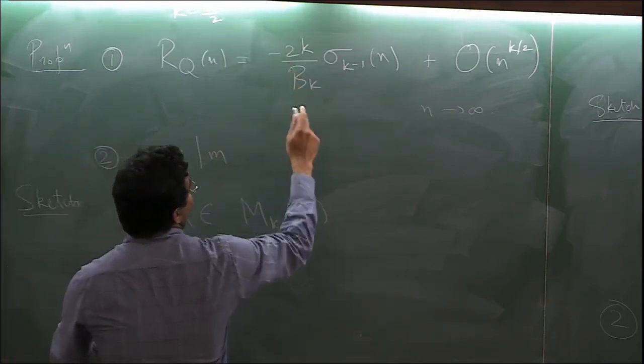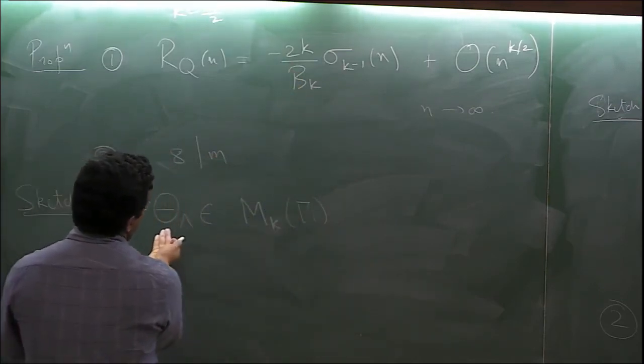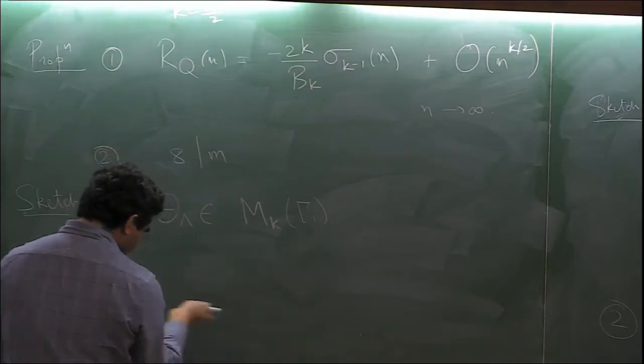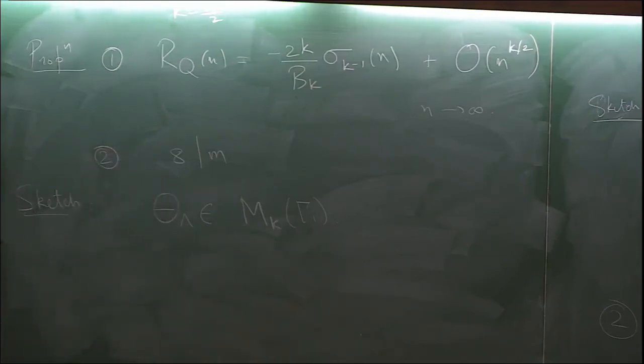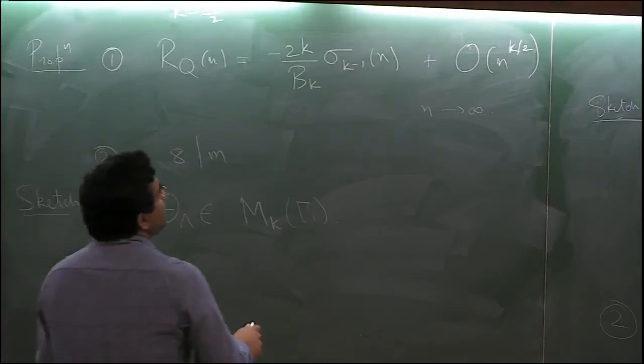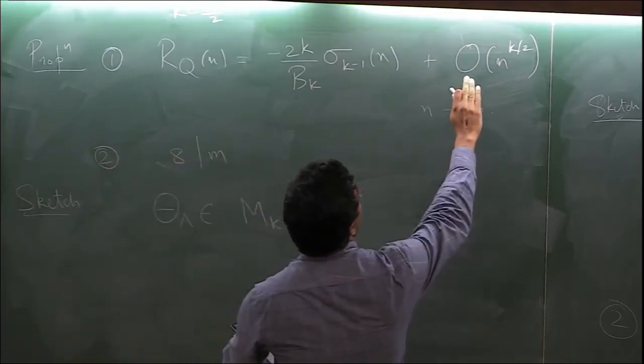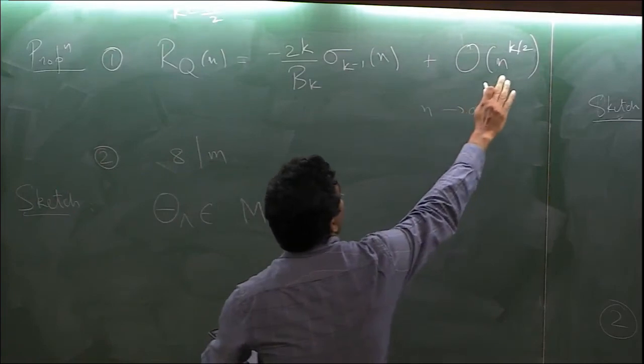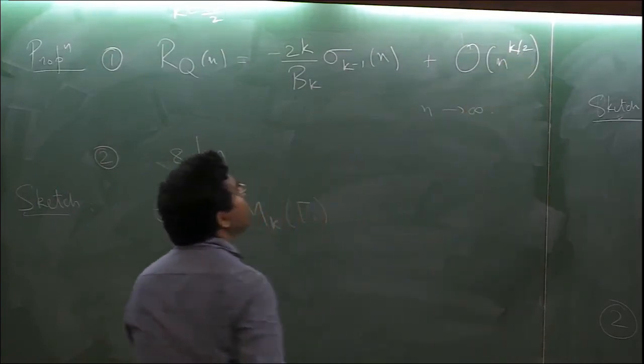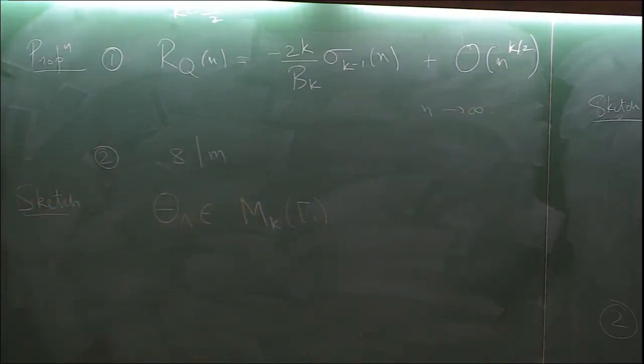That's why this factor appears there. Then this difference will have no constant term at the unique cusp that Gamma_1 has, and so it is a cusp form. And then there is a general result about the growth of Fourier coefficients of cusp forms. They are like big O of n to the weight by 2, and that gives this.